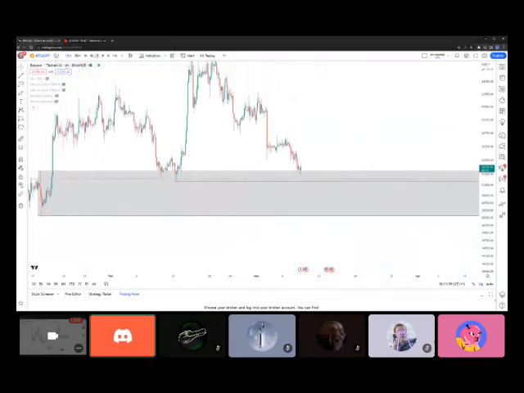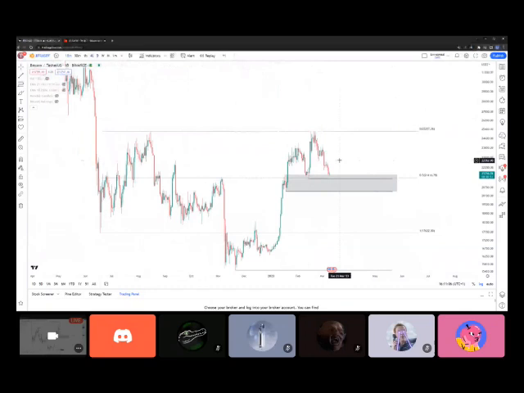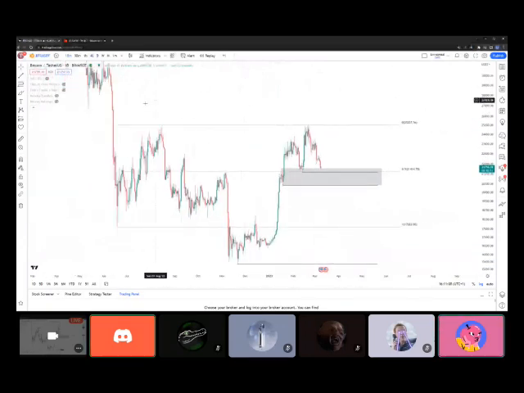Also, when we look at market structure, that's a bit of a contrarian view at this moment. So liquidity says more downside, which is fine. Market structure tells me something more bullish, because this is a high, this is a low, this is a higher high, higher low, higher high again, and we are now again in a potential higher low area.